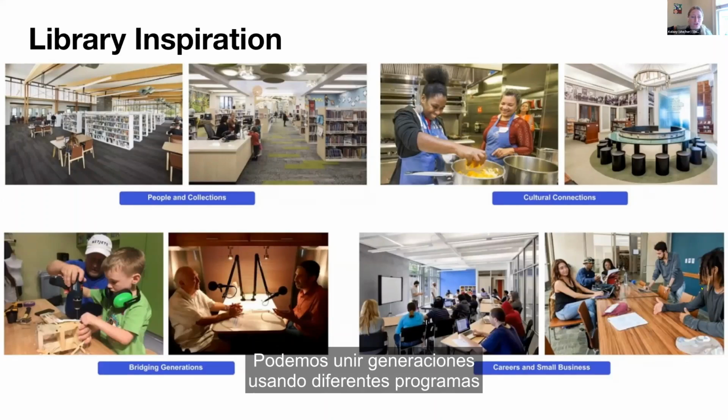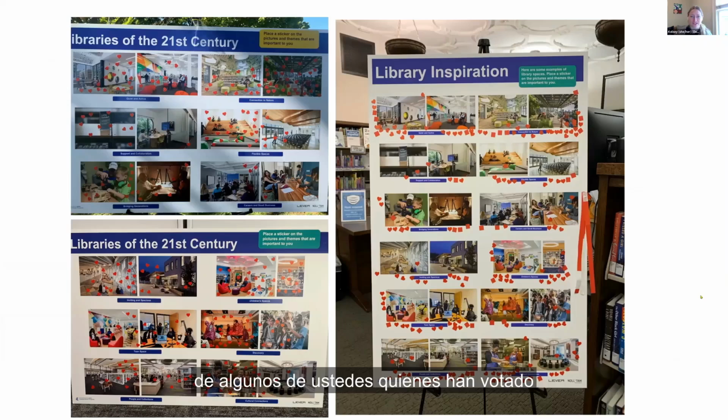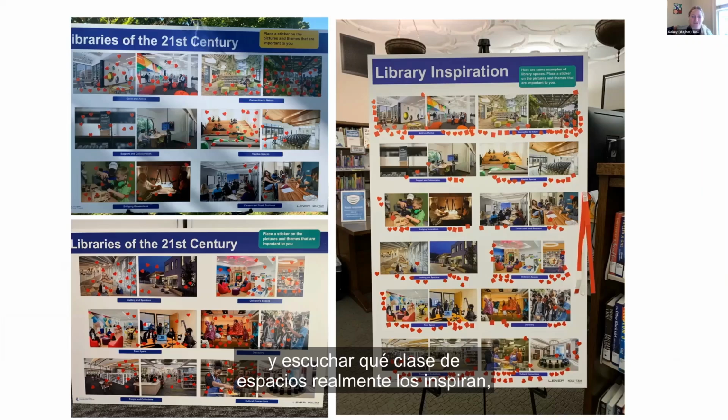We can bridge generations using different programming and different flexible spaces with crafts, with technology, and with storytelling. So this is what we've seen from some of you who have voted with little heart stickers on which themes and spaces are important to you, and to hear what kinds of spaces really inspire you that you feel would really support your community.